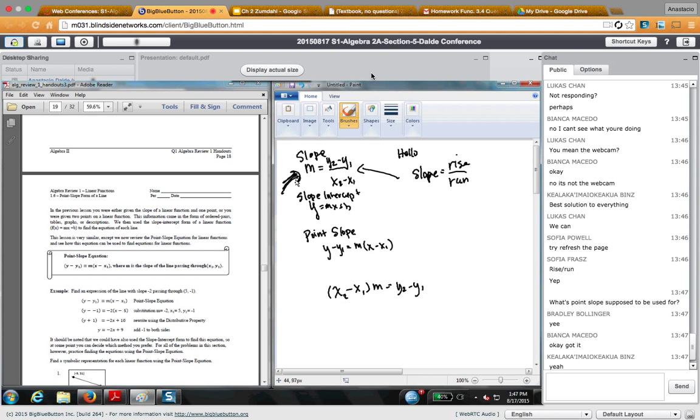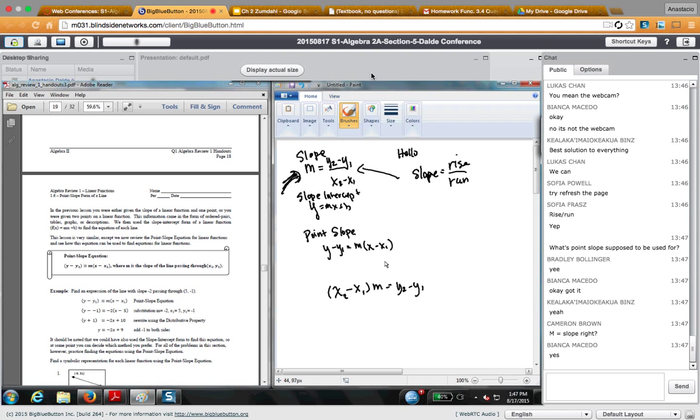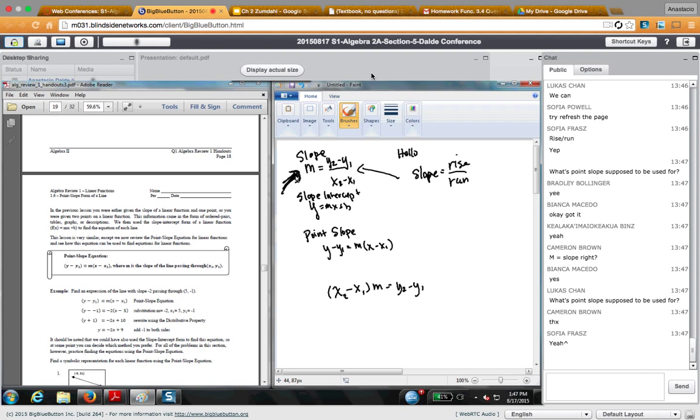All right. I use this first formula if I have two very specific points and I don't know my m. That's why there's no subscript on the m. Got it? Whereas this formula right here is if you only have one specific point, an x and a y coordinate for one of the points, and you do know the slope.